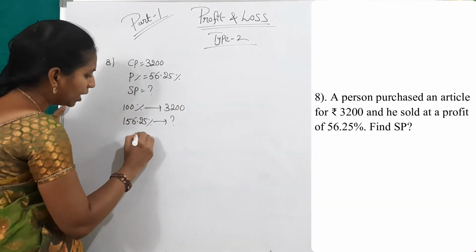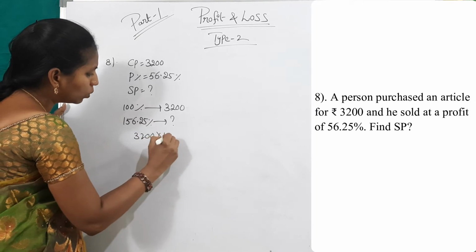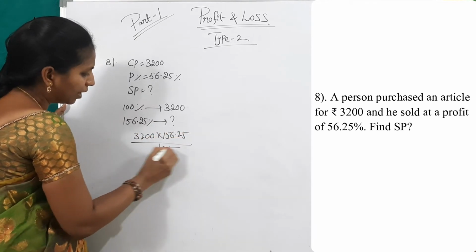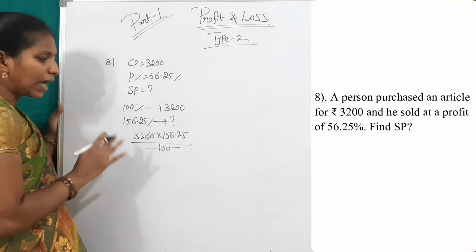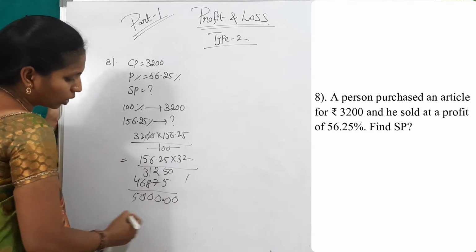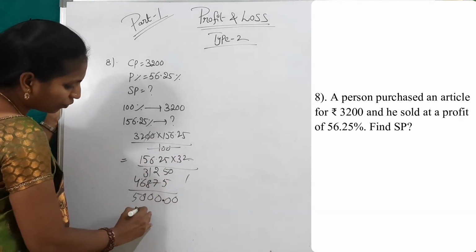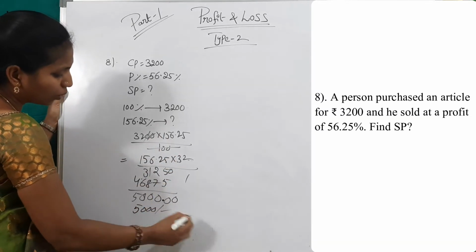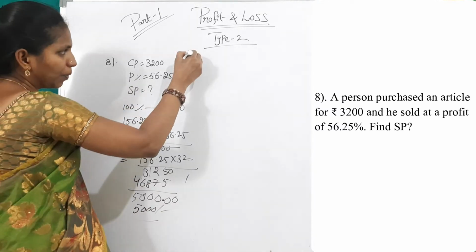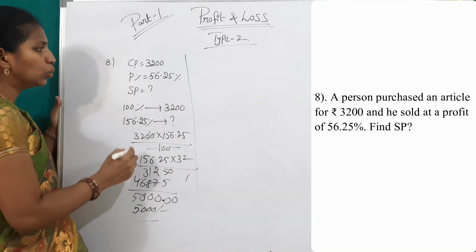Cross multiply 3200 into 156.25 by 100. Two zeros cancel. After two digits place the dot. Now what is the result? 5000 rupees. What is the selling price? 5000 rupees. Now see method 2.